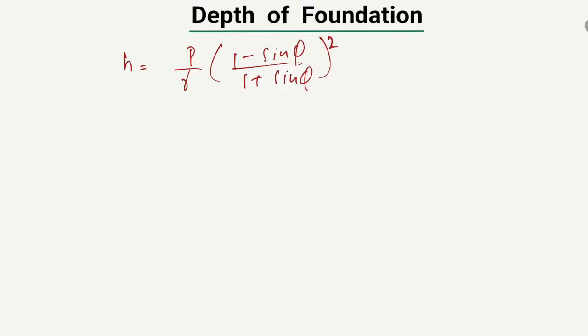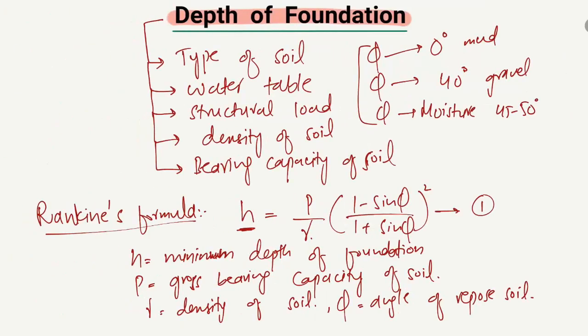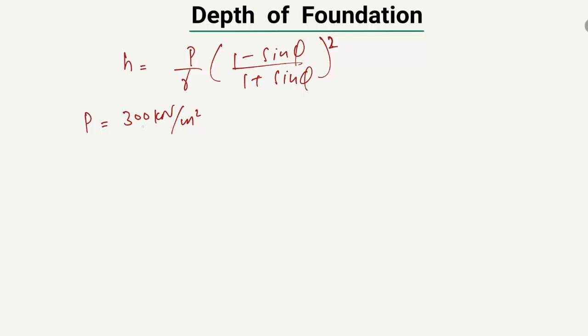Let's consider that we have a soil with a P of 300 kilonewton per square meter, where P is the gross bearing capacity of the soil. Gamma is the density of soil, for example 18 kilonewton per cubic meter. The angle of repose phi is given to us as 25 degrees.